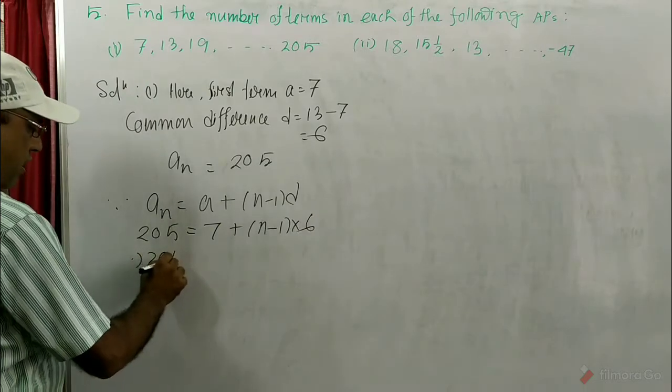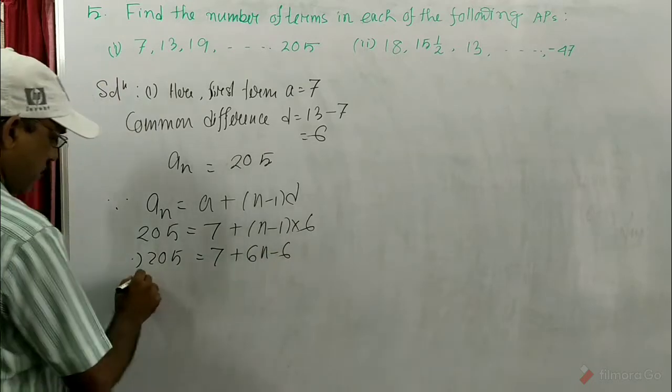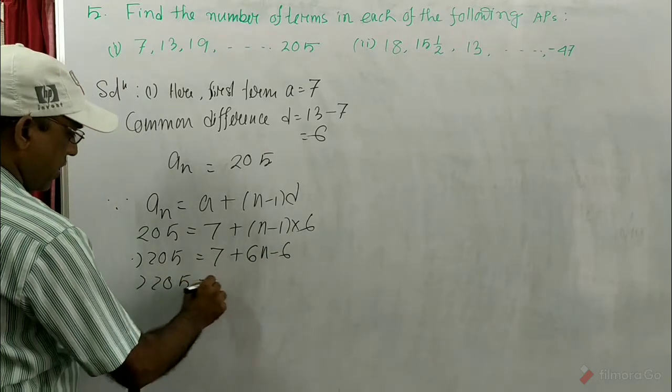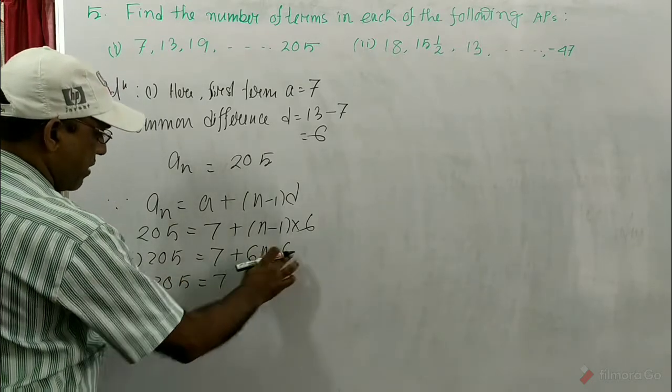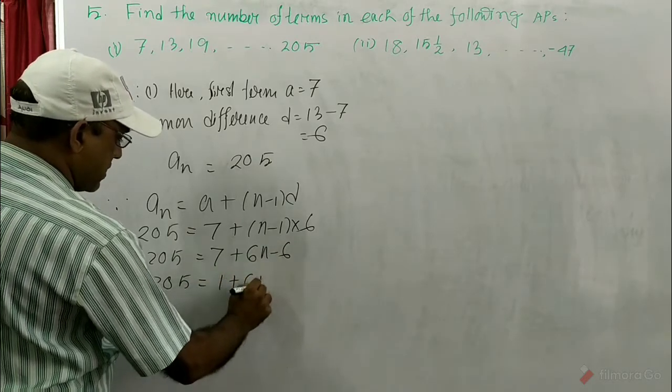So 205 equals 7 plus 6n minus 6. 7 minus 6 is 1, so 1 plus 6n.